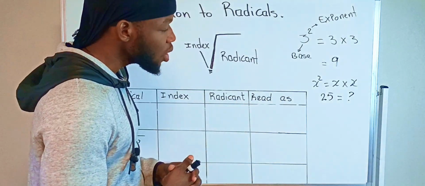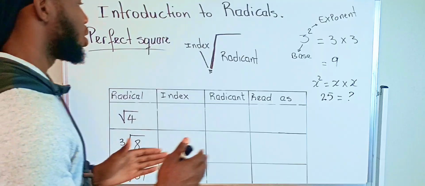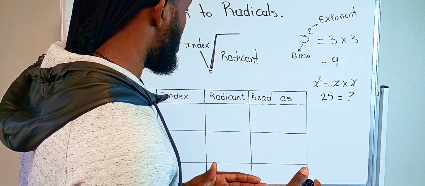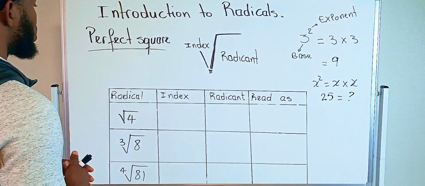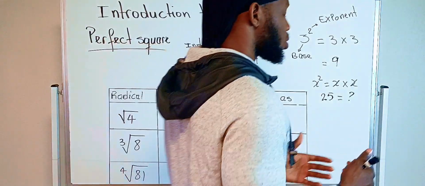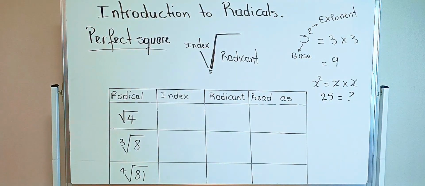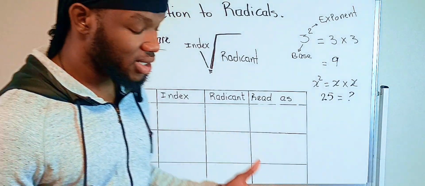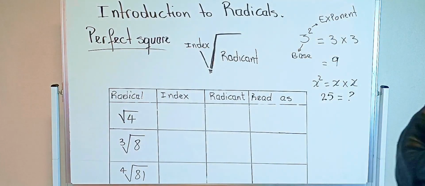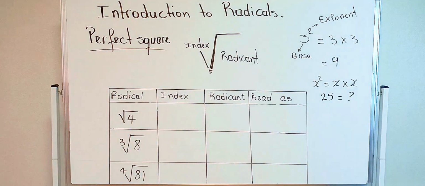It must be the product of two identical rational numbers.